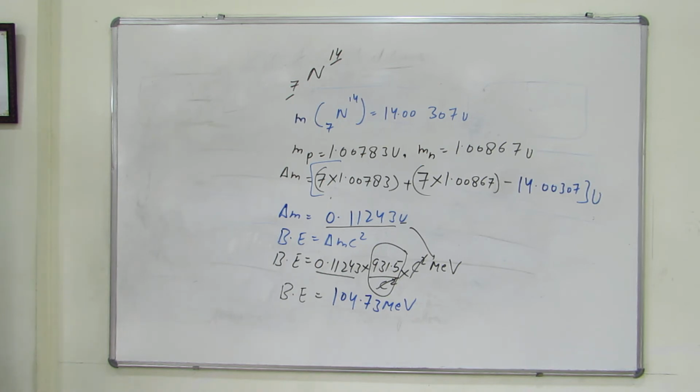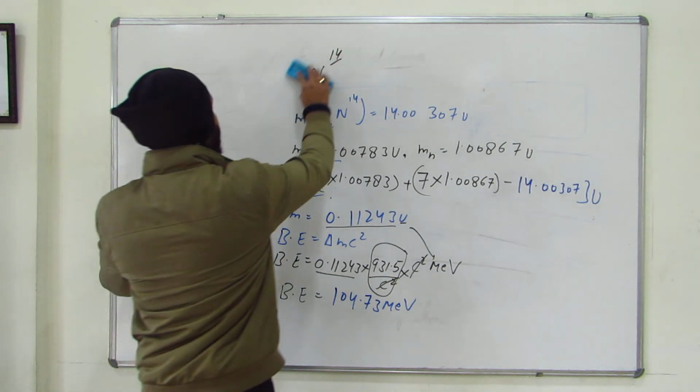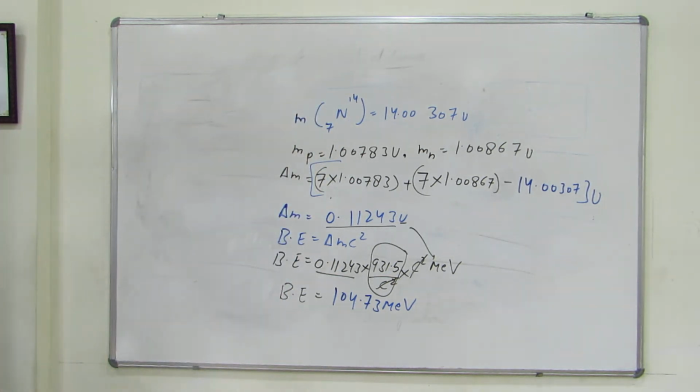Now I will give you one more, and you people can do it. This is for the iron, and mind you that iron has the maximum binding energy. Maximum binding energy iron has, and it is one of the most stable atoms.